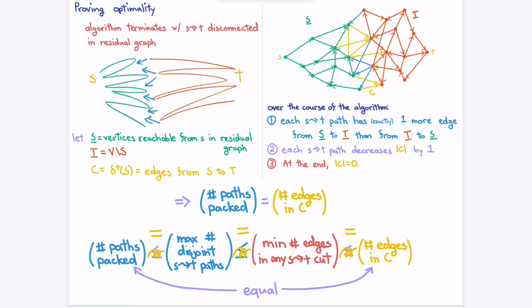So now you're just counting down. Each time you add a path, this cut goes down by one. At the end, the cut is down to zero, and you've taken however many paths. So however many paths you took matches the original size of the cut.